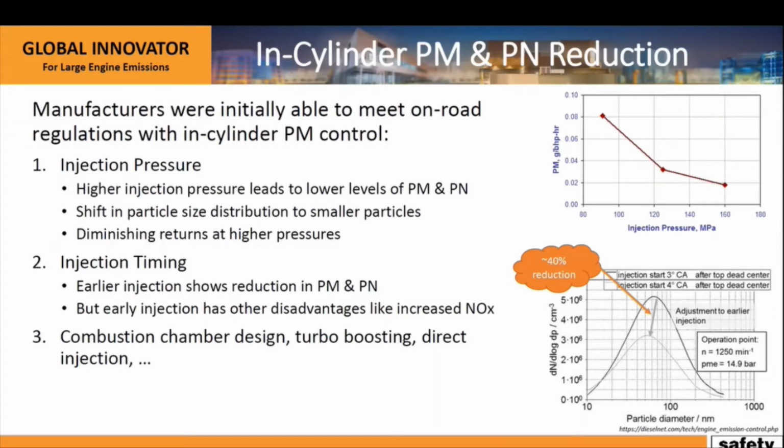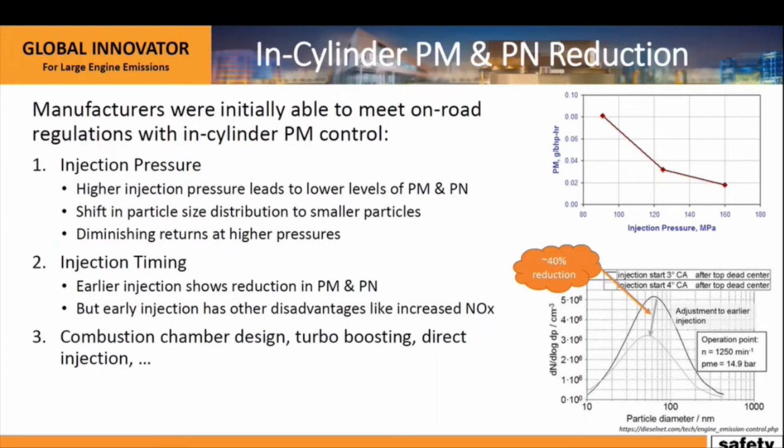And there's been many other advances to lower emissions within the cylinder, including the combustion chamber itself, turbos, and direct injection. So especially if you compare it to engines from the 1980s and before that, it's really day and night what's being exhausted from these engines.